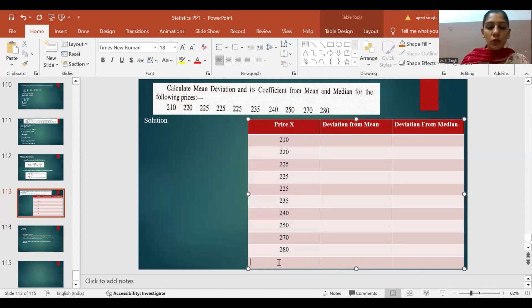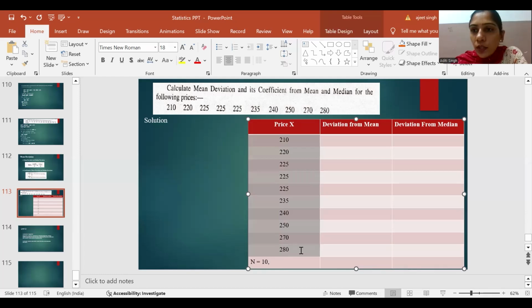So the value of n: there are a total of 10 values. Okay, so n is equal to 10, and after that we have to add all these values together.